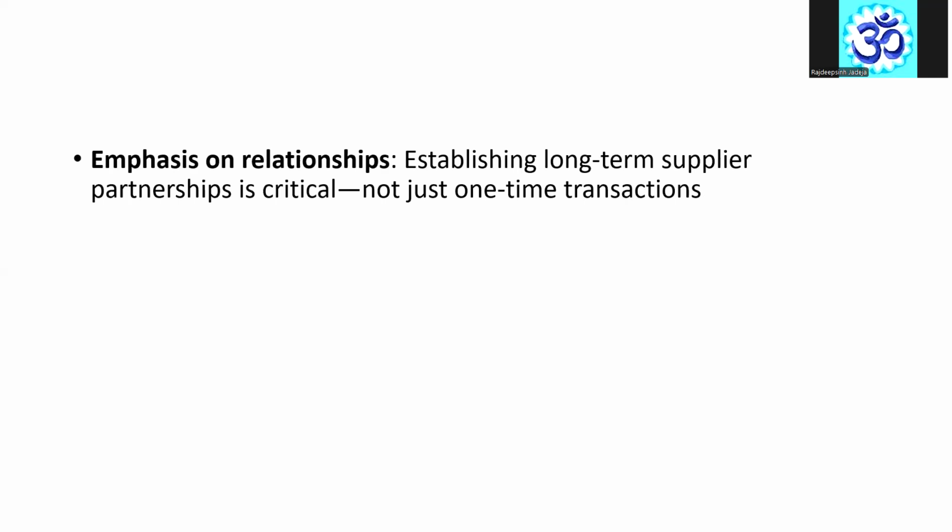Emphasis on relationship. You need to establish long-term supplier partnerships. You need to build a relationship with your supplier so that you constantly get the supply of the required raw material for your product. It's not just a one-time transaction. In consumer buying behavior, it is a one-time transaction.